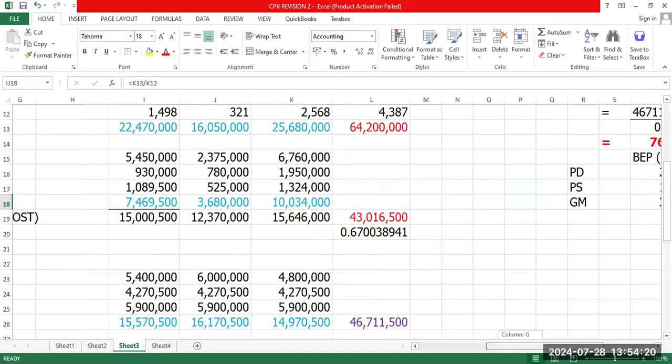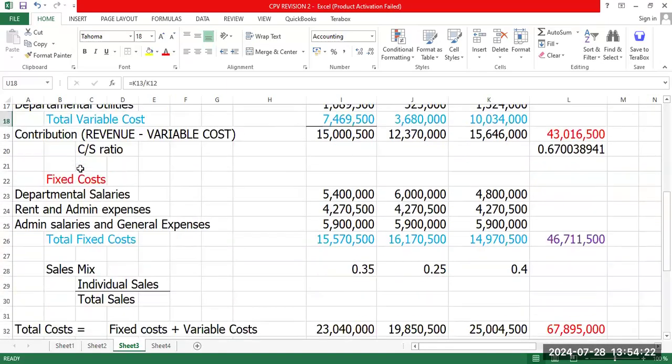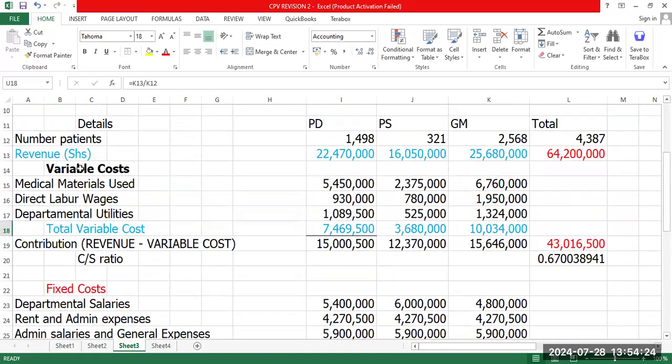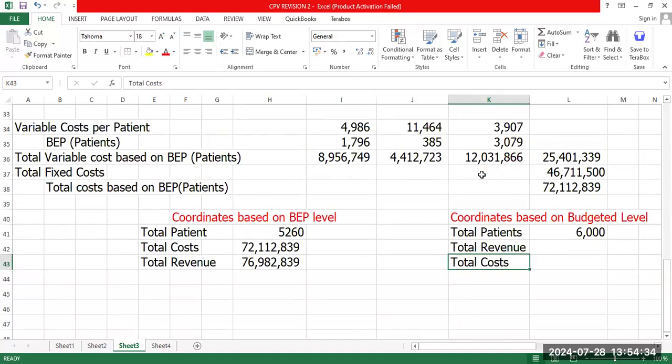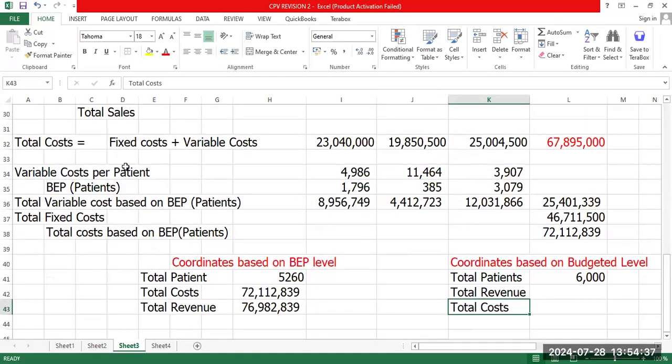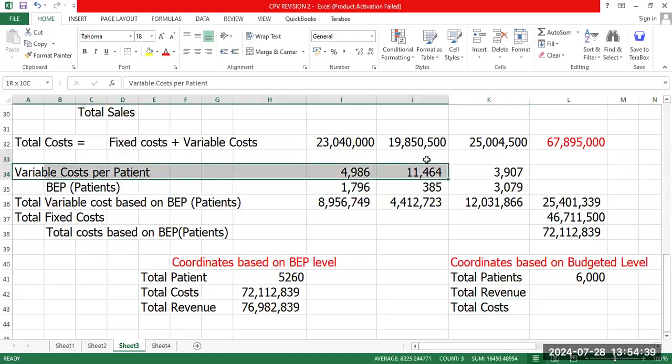You do the same also for variable cost. Remember you will need the total cost here. But to get total cost, it is total variable cost plus total fixed costs. How are you going to get total variable costs? Already you have variable cost per patient.